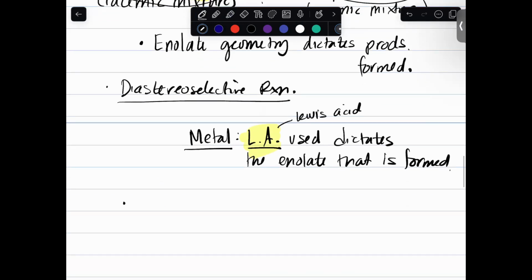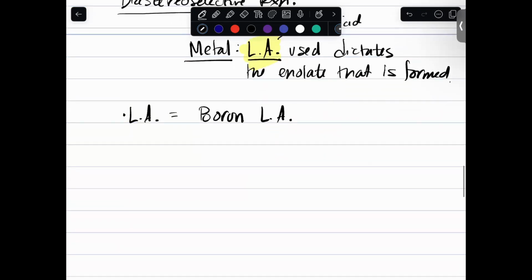And typically, the Lewis acid you use is a boron Lewis acid. Now, in Chem 124, you don't introduce a Lewis acid. All you do is you introduce a base. Okay? But now we are introducing a Lewis acid. And why are we doing that? Why introduce a Lewis acid.